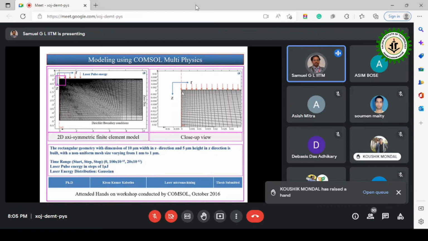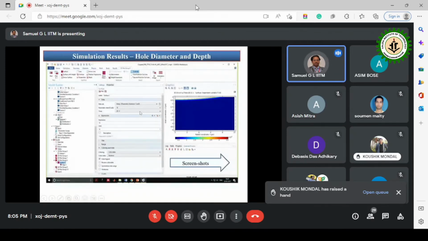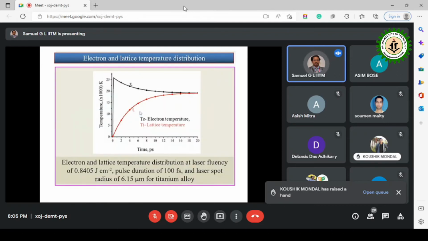With a nanometer mesh and time periods of 10 to the power of minus 18 or so, if you have to capture minus 15, your scale needs to be even much lower. So it makes a very big challenge to simulate this, but our student attempted this kind of simulation, and we were able to predict what is going to happen when you put one pulse of the laser, or if you put 100 pulses.